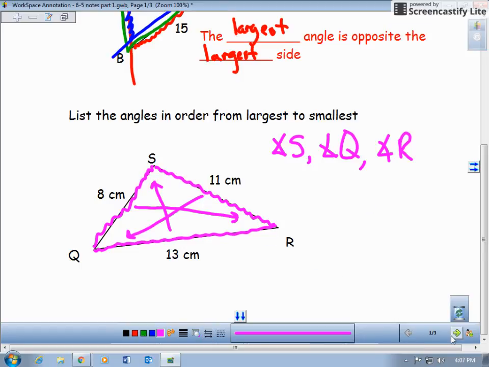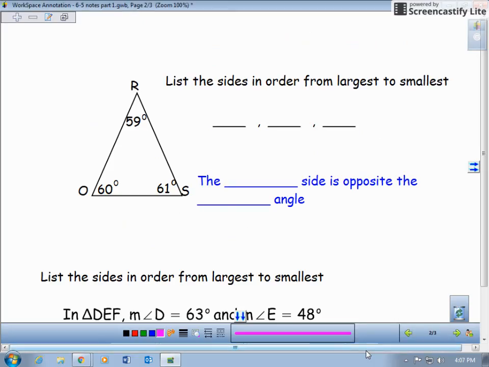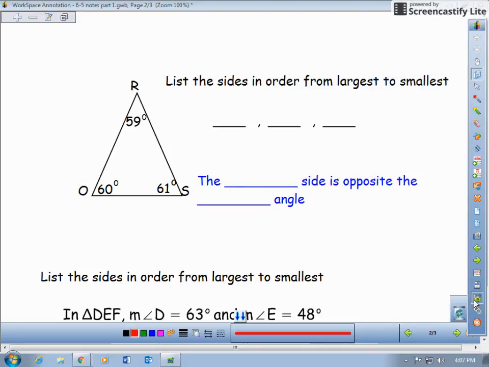Now, guys, the same concept works here for the sides. Okay, it works for the sides, just like if I pull that compass back up, which I will here. It works the same for the sides.